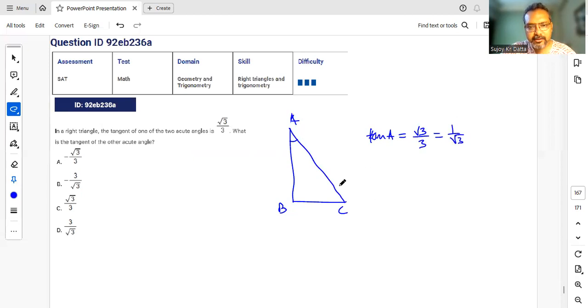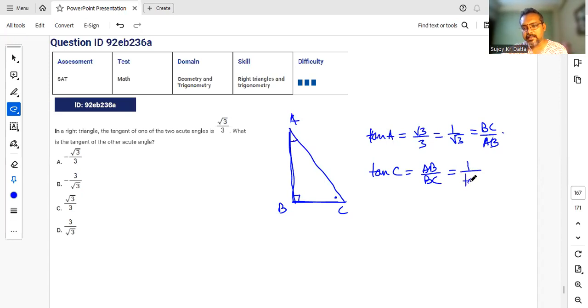They're asking what is the tangent of the other angle, tan of C. Now see, tan A is opposite over adjacent, so it's BC over AB. And tan C is opposite, in this case AB, over adjacent, BC. It's AB over BC. It's basically the reciprocal, so it will just be 1 by tan A. So that's going to be root 3. So that is the answer.